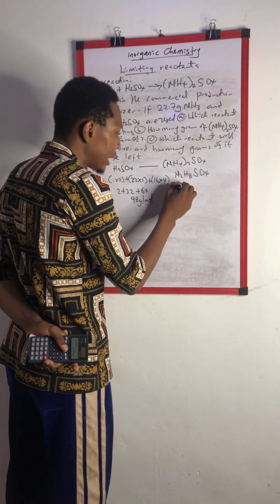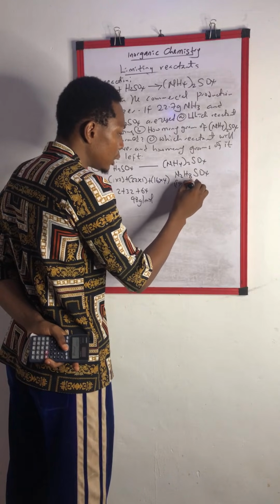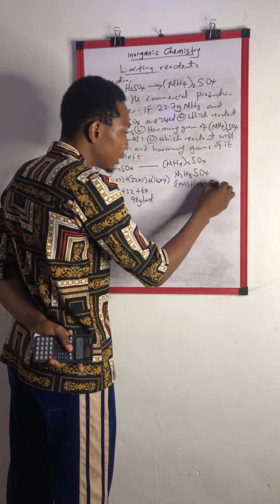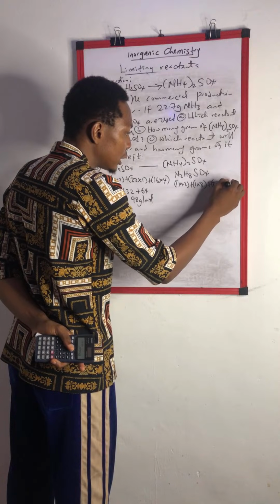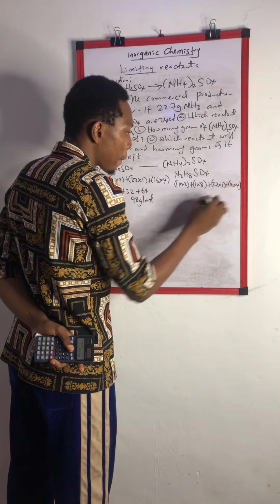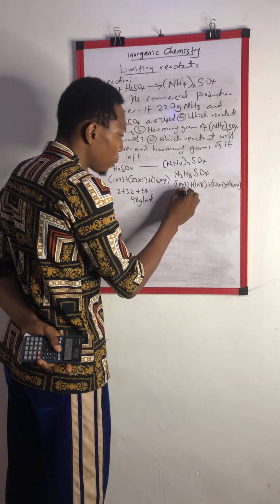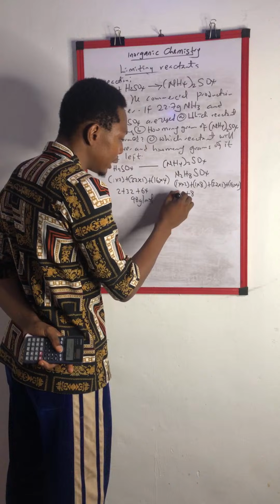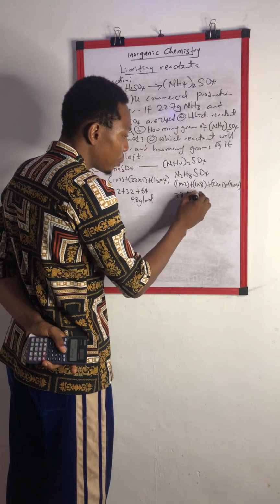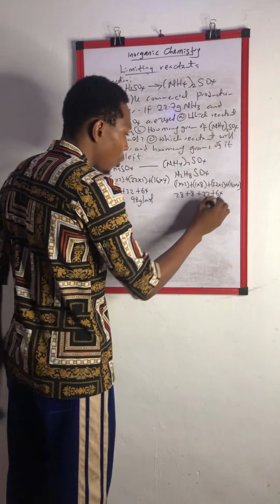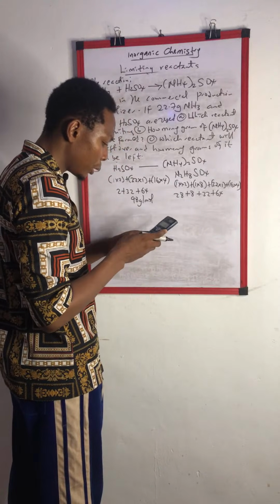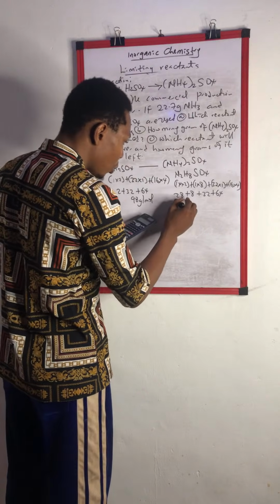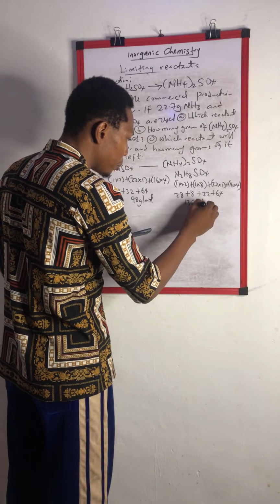Nitrogen is 14 times 2, then hydrogen is 1 times 8, plus sulfur 32 times 1, then oxygen 16 times 4. So 2 times 14 is 28, plus 8, then plus 32, plus 64. Let's add up: 28 plus 8 plus 32 plus 64. So we have 132 grams per mole.